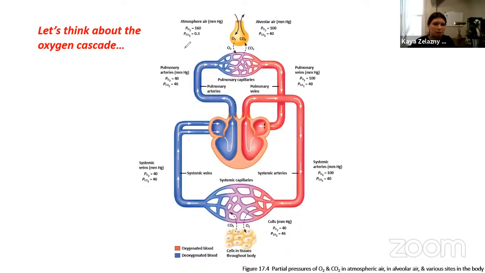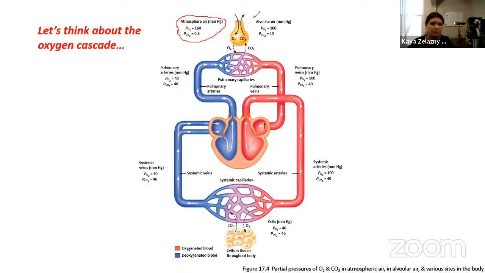Some important things to know. We've talked a bit about the partial pressures of oxygen and carbon dioxide in the atmosphere. About 160 for oxygen, lots of oxygen in the air, not very much carbon dioxide. So we have a partial pressure of carbon dioxide of 0.3 in the atmosphere.